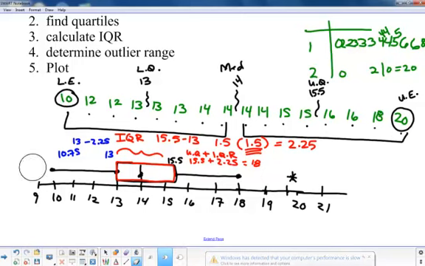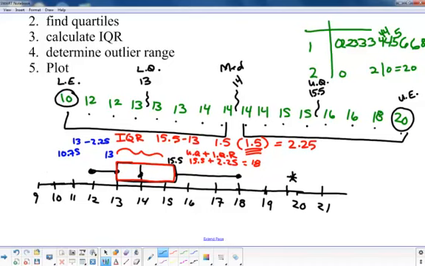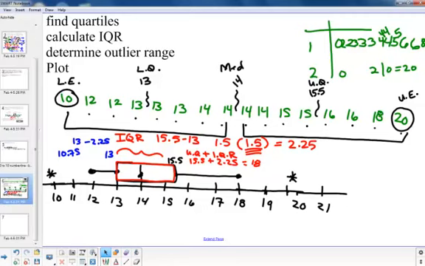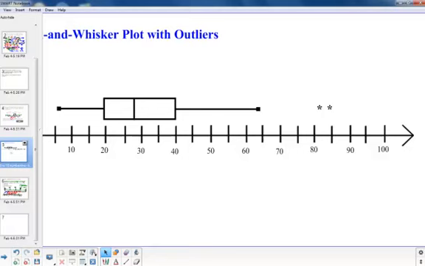Since 12 was the number before 10, I'm going to go back to my 12 and put an asterisk at 10. So I have two outliers, one in the beginning, one at the end, that need to be on there. And that's what a box and whisker with outliers looks like that I skipped.